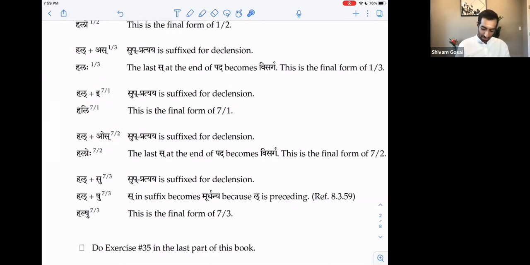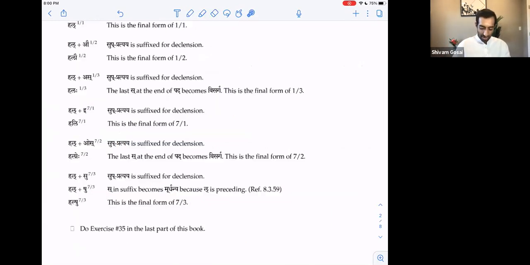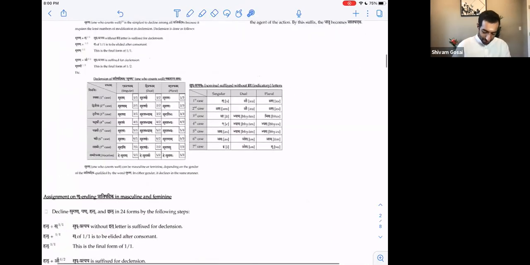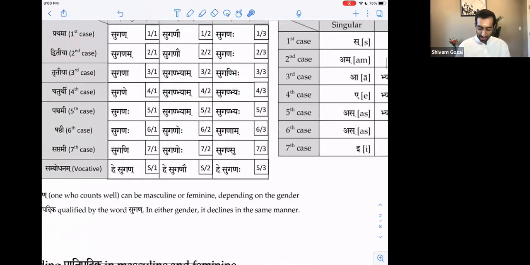And then sugan plus su. Now this says the sa becomes murdhanya because la is preceding, and we have to remember that rule that we saw. But we're doing sugan, so that's not applicable here. So sugan plus su is sugan su.